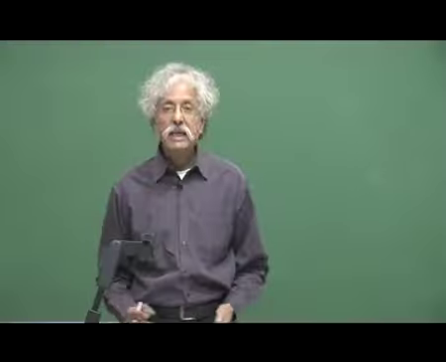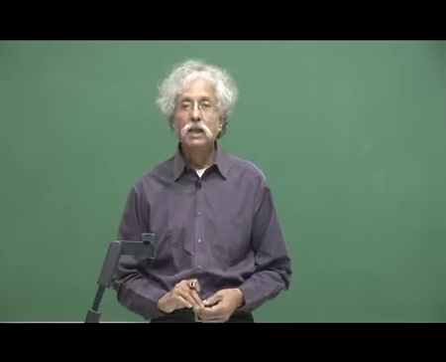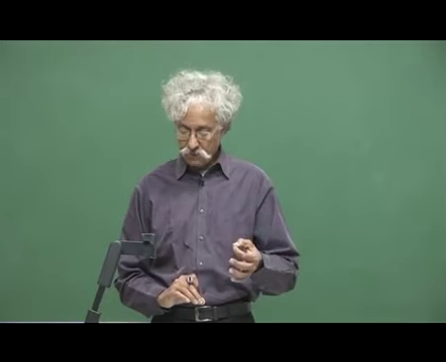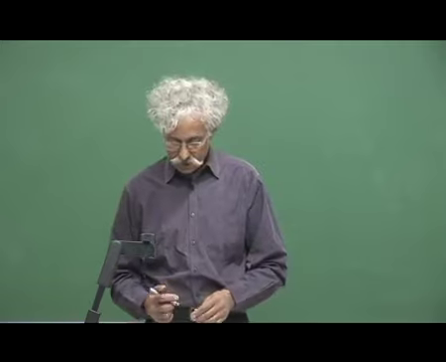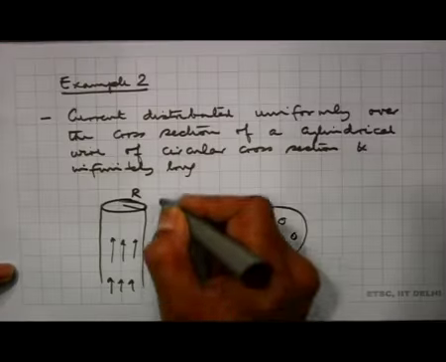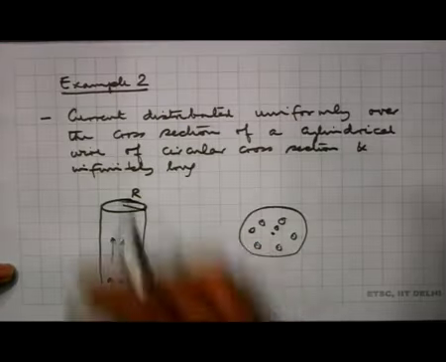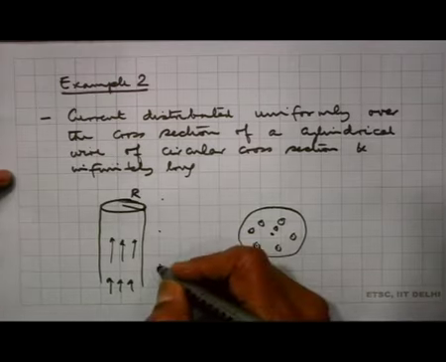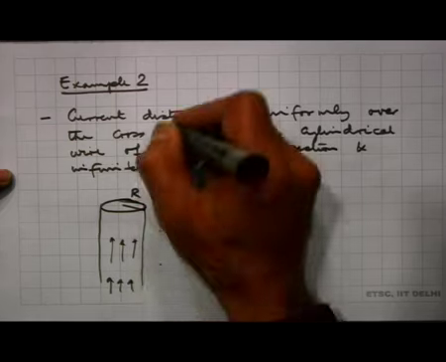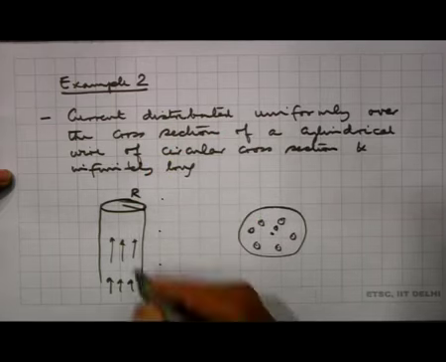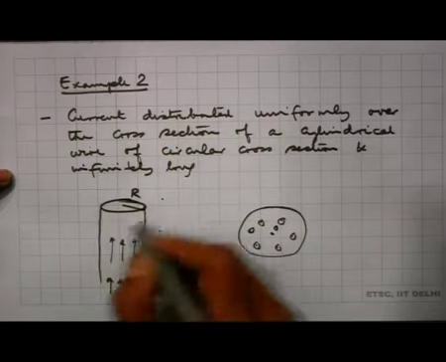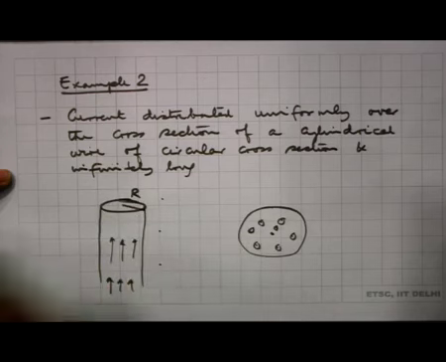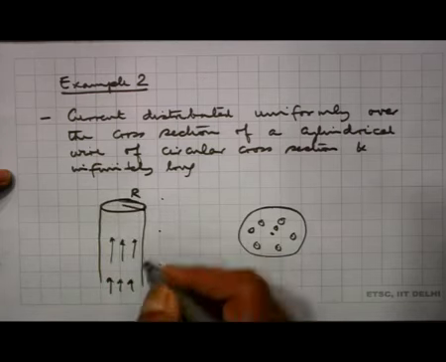Now, I can use the same argument as for an infinitely long thin current carrying conductor and say that the magnetic field cannot have a dependence on this position, because it is infinitely long. So, this point, this point, this point, all these points are exactly equivalent. So, magnetic field cannot have a dependence on this coordinate, because it is a wire of circular cross section. Magnetic field cannot have a phi dependence, dependence on angle.